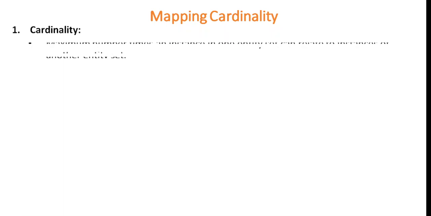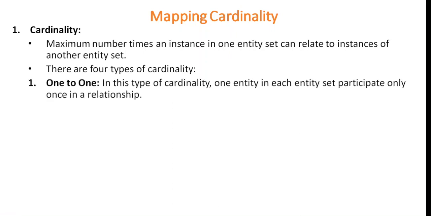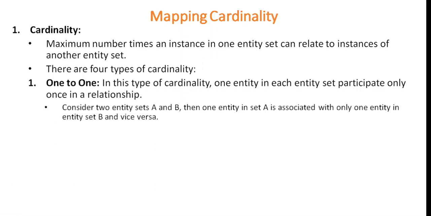The next concept is mapping cardinality. So what is cardinality? The maximum number of times an instance in one entity set can relate to instances of another entity set is called cardinality. See, there are 4 types of cardinality. 1-to-1 cardinality is there. In this type of cardinality, each entity set participates only once in a relationship. For example, in simple language, suppose we have two entity sets, A and B, and we want to show one-to-one mapping cardinality.